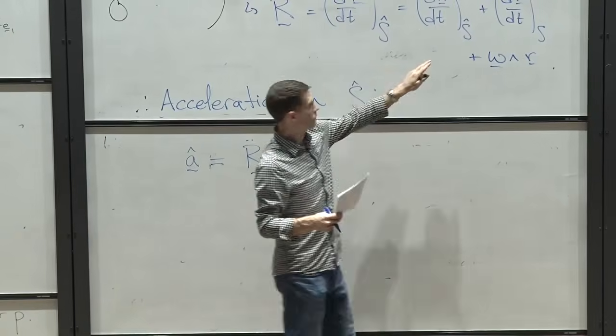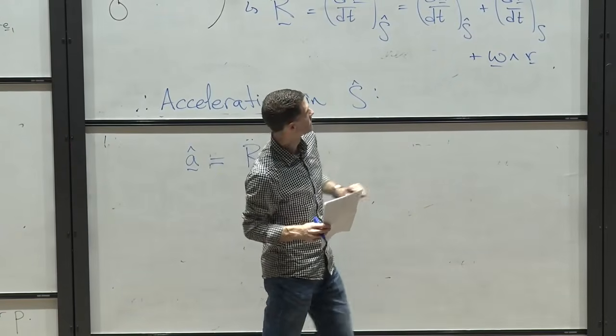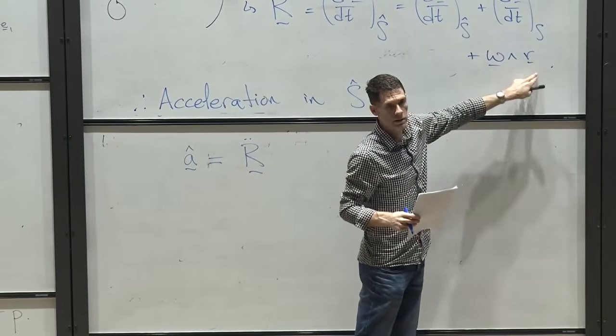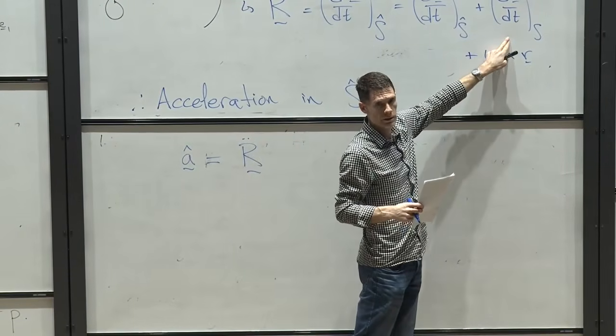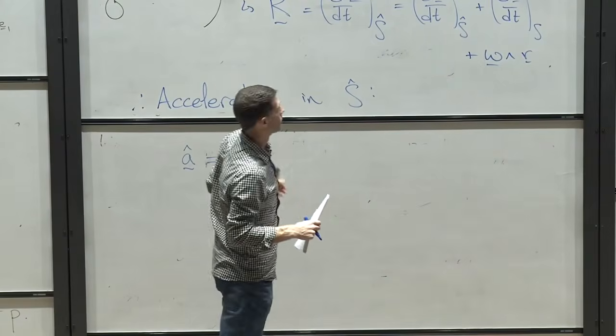It's just taking another derivative of each of these terms. But I have to be quite careful because there's really three terms here, and each of those terms involves e sub i's. So I'm picking up extra omegas at each step.